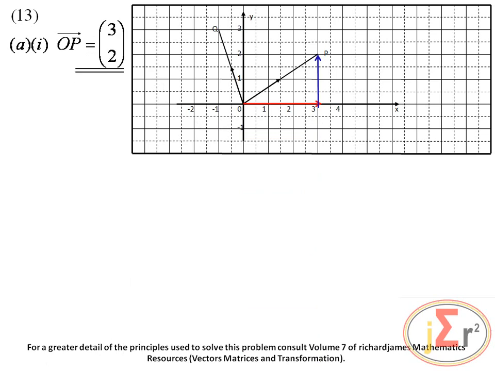So OP is equal to (3, 2). OQ is negative 1 unit in the x direction and positive 3 units in the y direction. So OQ is equal to (-1, 3).